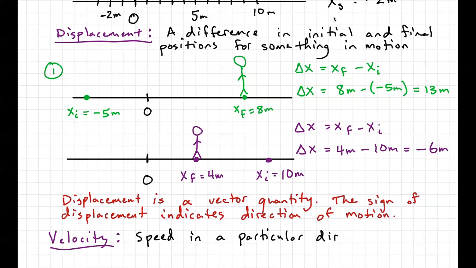So when we look at velocity, we get two pieces of information. We get how fast and in what direction. So I guess maybe because I'm going to define speed later, let me call this how fast. How fast in a particular direction.